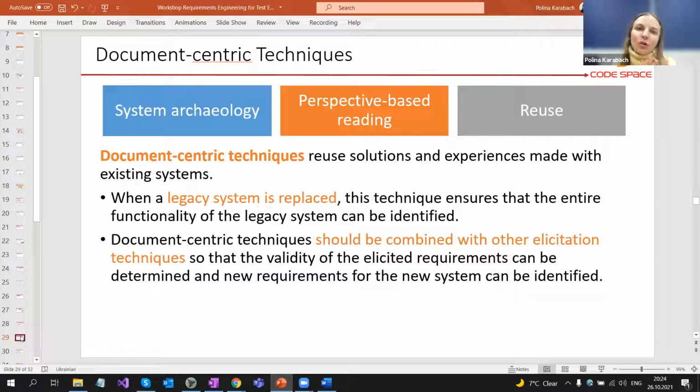We need to make sure all of the requirements are taken into account and not missed. In this way, we can be more sure because they're more precise.